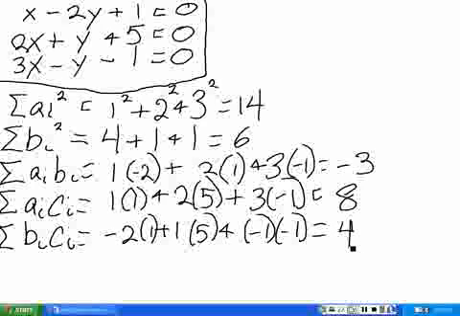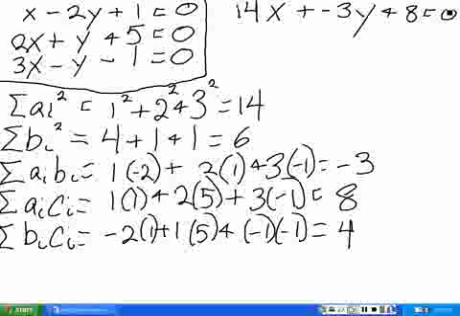And then, in order to find our best approximation, we follow the formula that's here on page 466 from section 12.15, which says we take the sum of the ai squared. So I get 14x, and then I take the aibi's, minus 3y, and then the aici's, plus 8 equals 0.